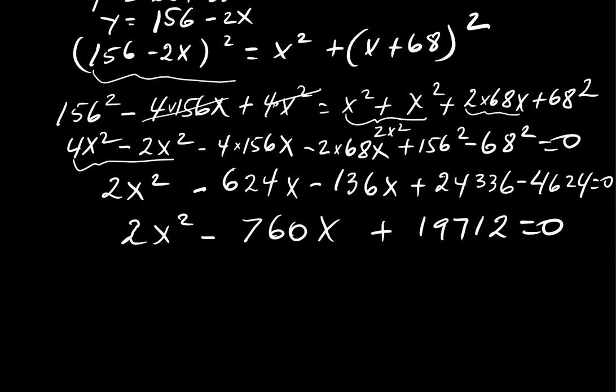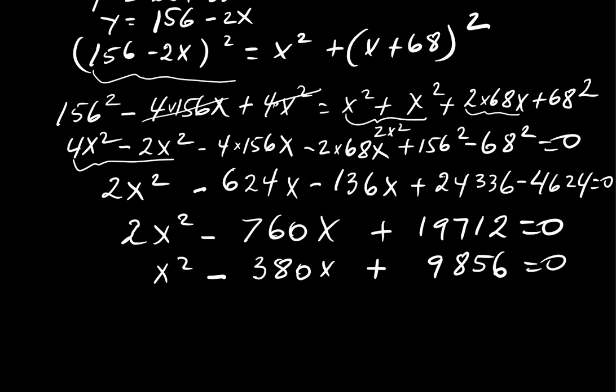Okay, let's divide by 2. We get x squared minus 760 divided by 2 is 380x plus 9856 is equal to 0.